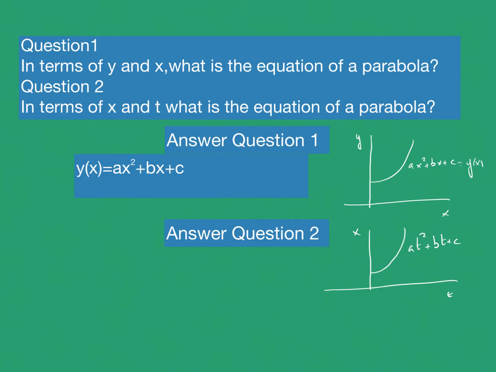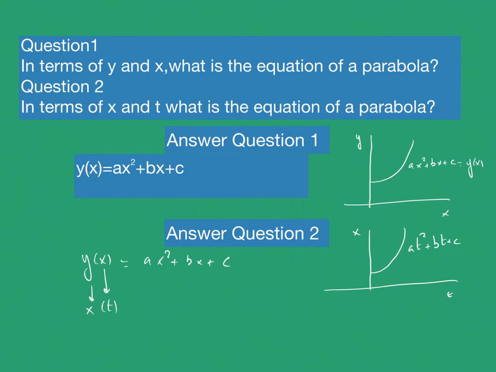So everything suggests that if you change in the equation y of x equals ax squared plus bx plus c, you change the y by the x, the x by the t.